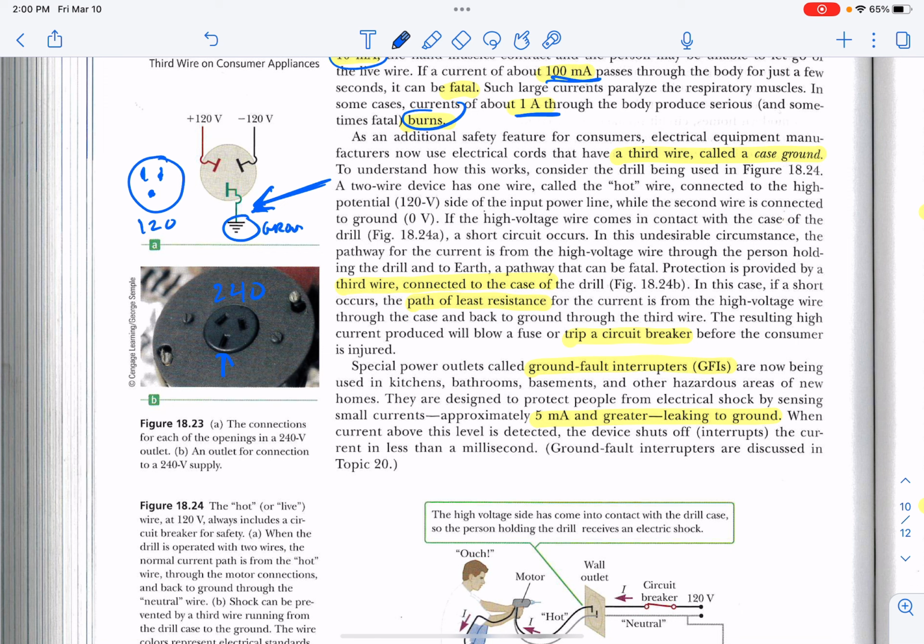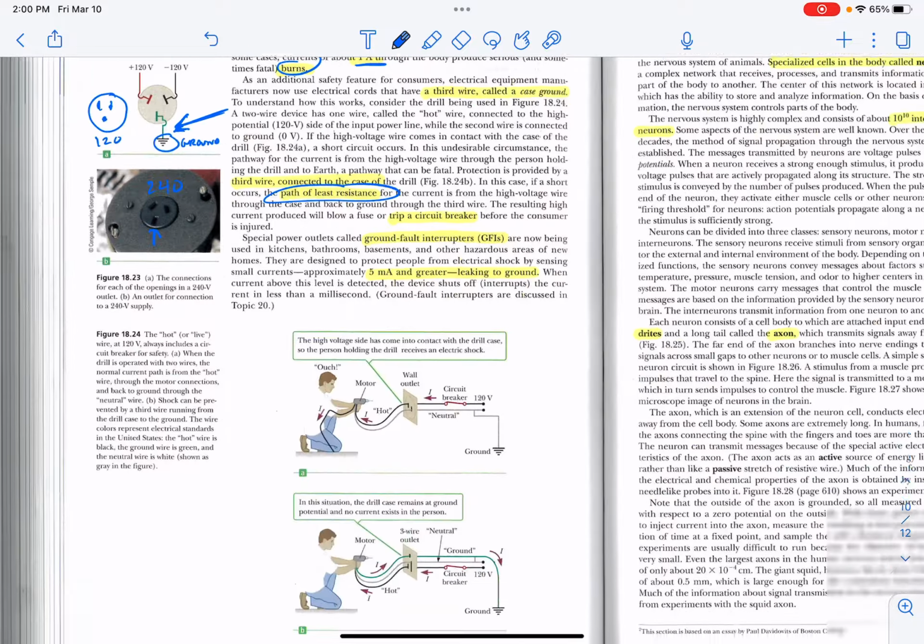That's the symbol for going to the ground. And it would be a wire that would run through the walls, probably all the way back to the circuit breaker, and then connect to a pipe or a really, really thick wire, thicker than, let's say, your thumb, that would go down into the ground. And then that becomes the path of least resistance, and that saves the current from going through you.